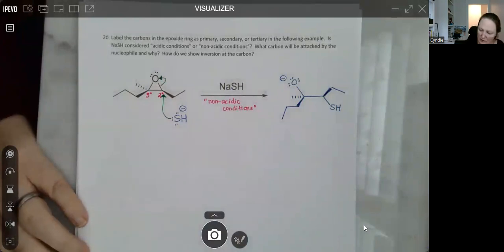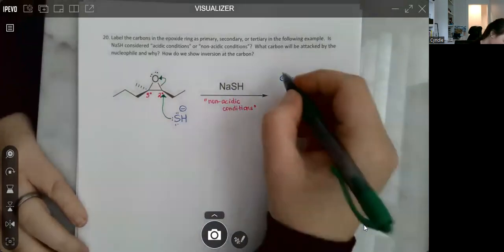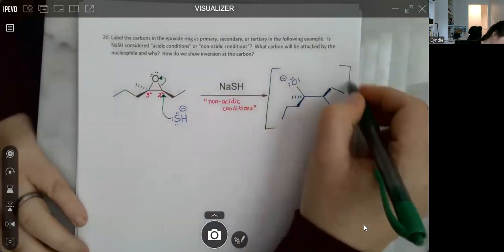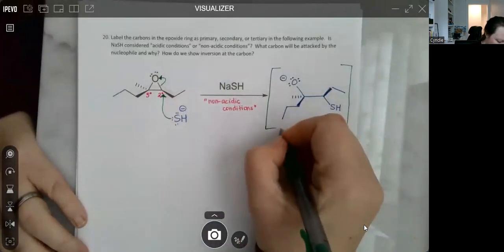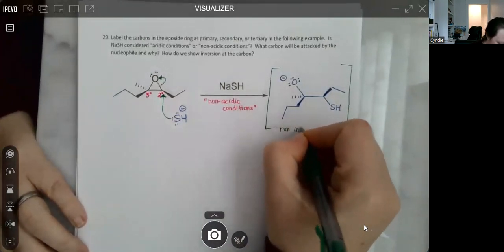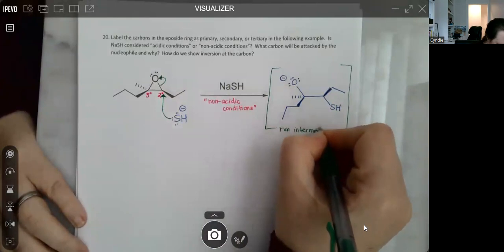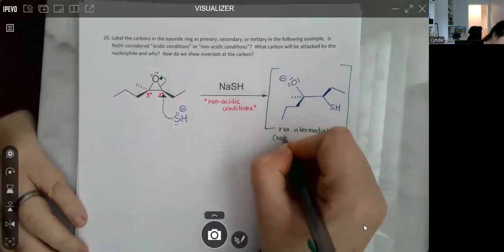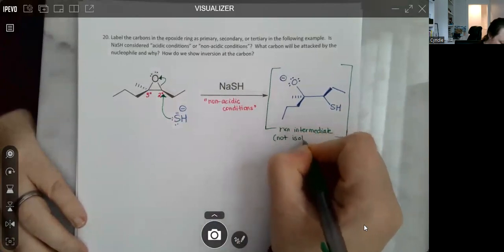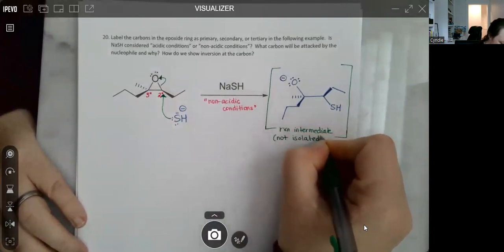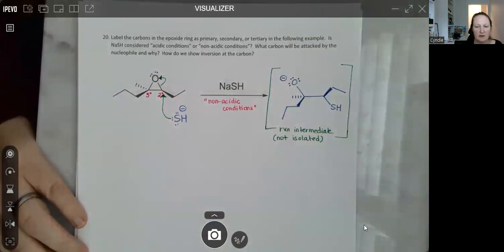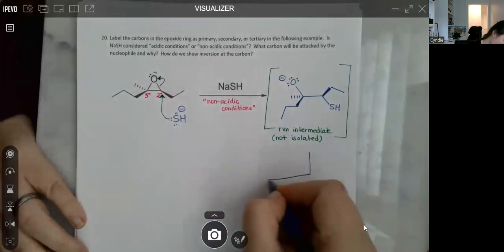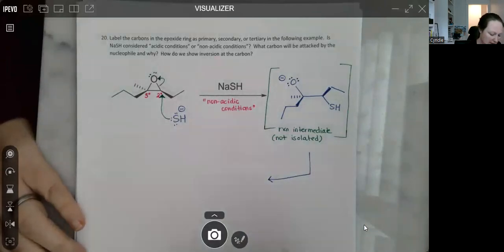So this is the initial product. It's not isolated, right? This is sort of a reaction intermediate, right? I put brackets around it just to show that this would not be isolated because it's not neutral and stable, right? So we would still need to do an acidic workup, right?